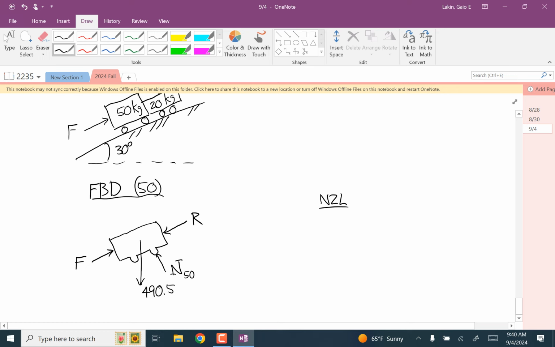So this force vector is F times cosine and sine of 30. That's 0.866 F, that's the cosine of 30, and 0.5 F, that's the sine of 30. Then you have the weight force, 0, negative 490.5.